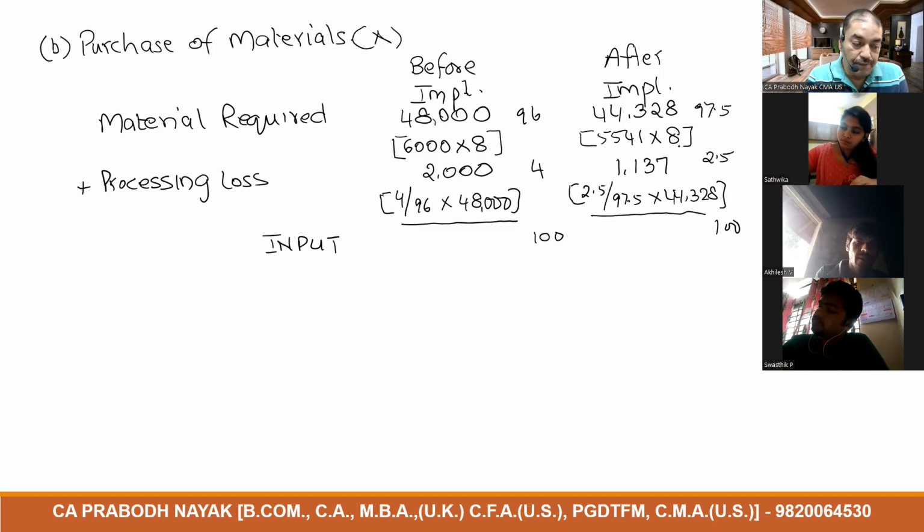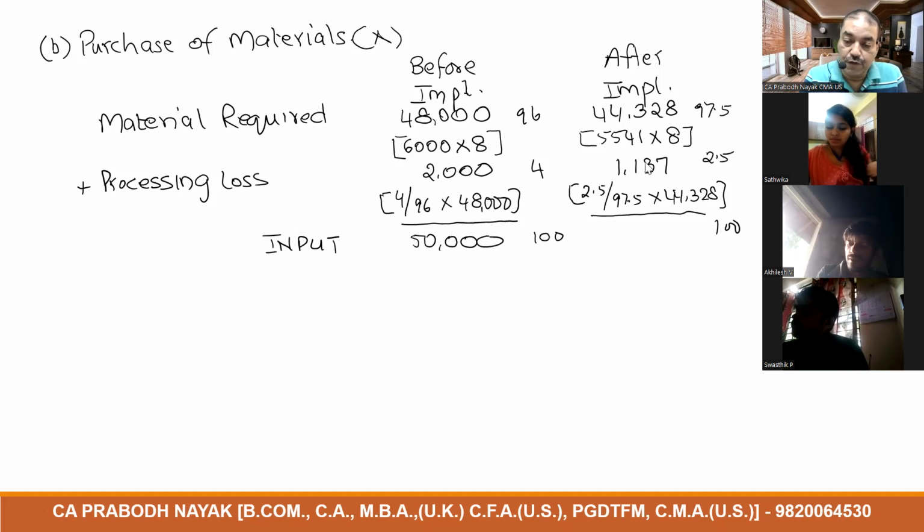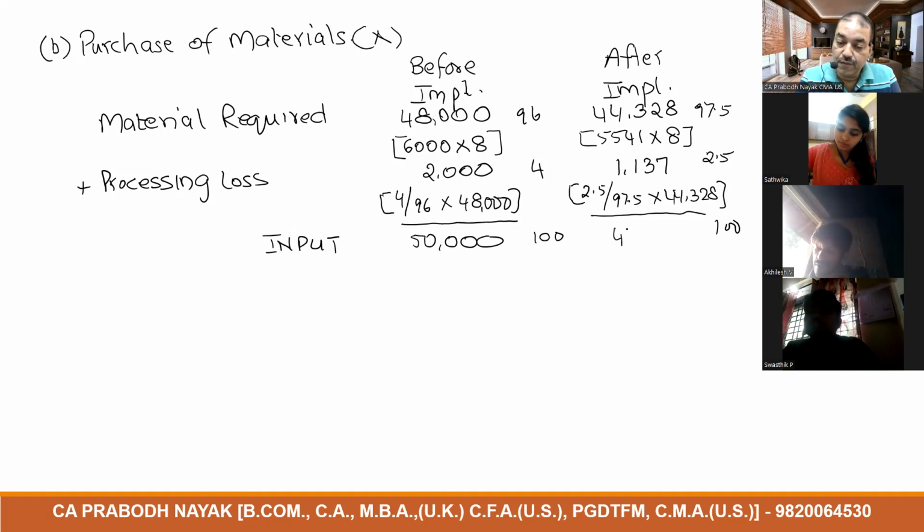So what is the input then? 50,000 here, 48 plus 2. After implementation, 44 plus 1, 45,465.